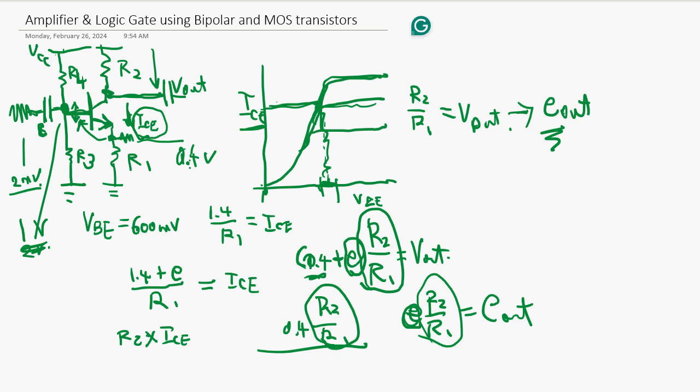So this is a much more predictable circuit because the amplification is controlled by the R1 R2 ratio. This amplification is pretty much linear if the input signal is small, and it amplifies the signal.